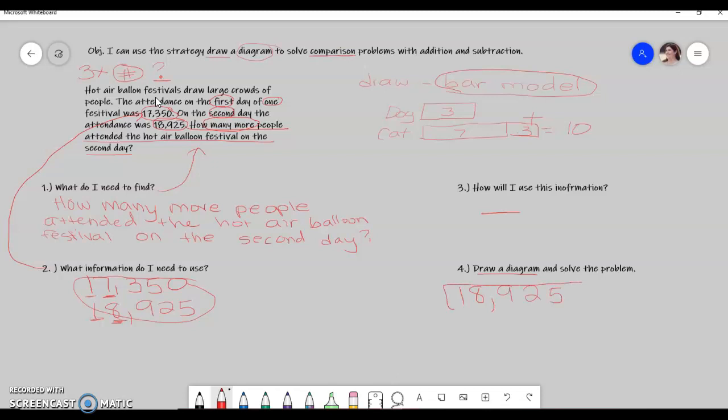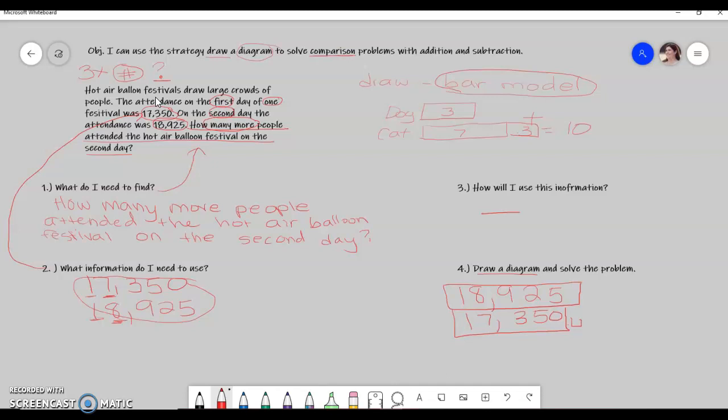And that's the top of our bar model. And the bottom of our bar model will be the other number, which is a little bit smaller, 17,350. We need to figure out how many more people attended that second day. So we need to find this missing piece here.